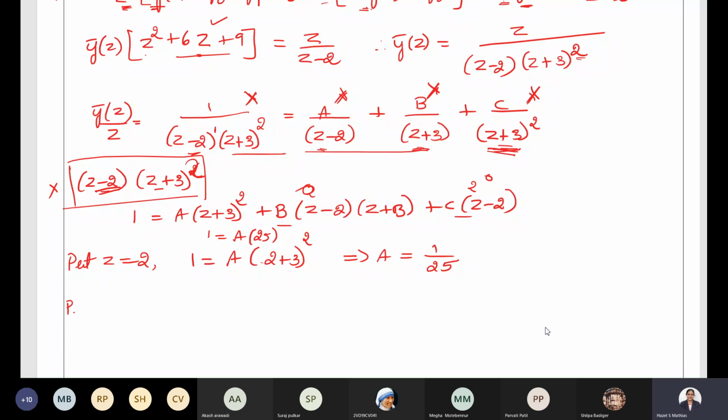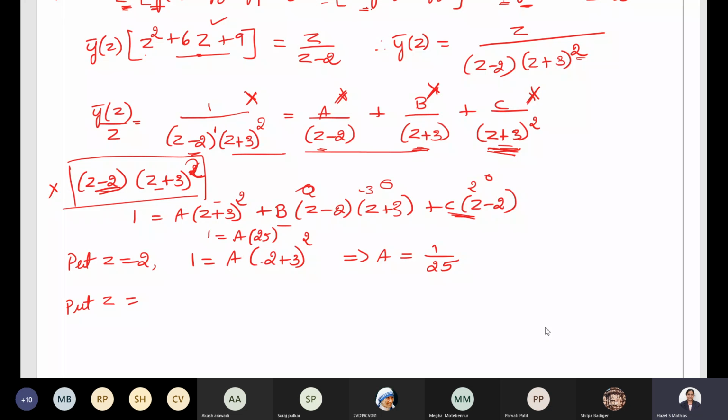Next, what shall we do? What value shall we put? Put z equal to what? -3, ma'am. Correct. If you put -3 over here, this term will become 0. See, if you put -3, A will become 0. Even in the case of B, if you put z as -3, this term also will become 0.